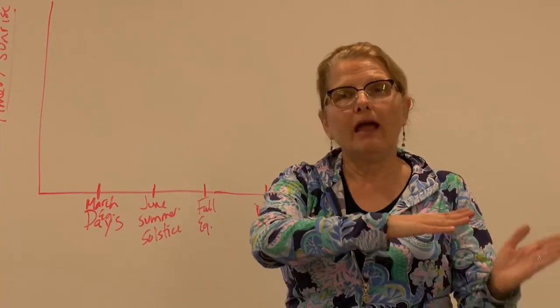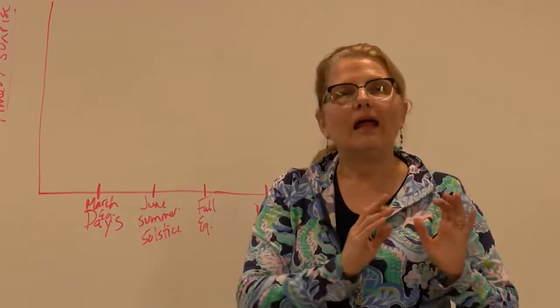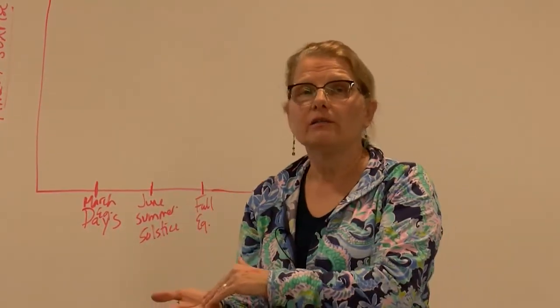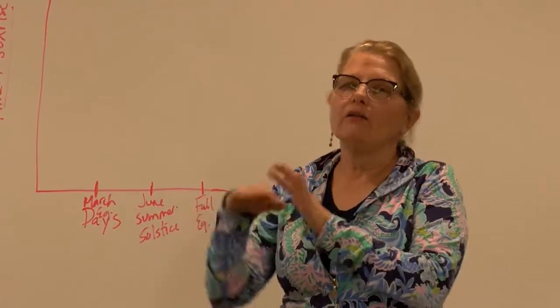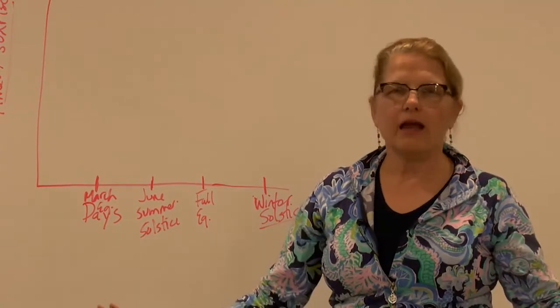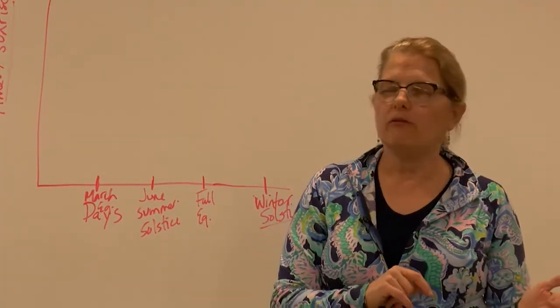Okay? Every day it rises in the east, it sets in the west. But sometimes it's up for 9 hours. Sometimes it's up for 15 hours. Sometimes it's at a low angle, sometimes a high angle. If you're at the equator, the days are the same every day. 12 hours of daylight, 12 hours of darkness.